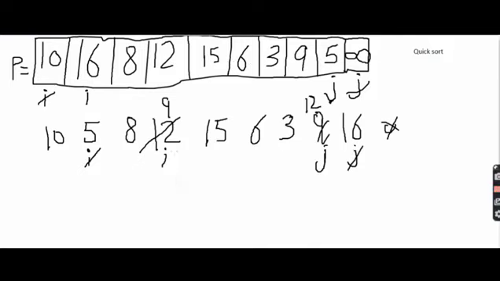Again with the next iteration, 15 is greater than 10? Yes, stop. 3 is less than 10? Yes, stop. Swap I and J. 3 will come here and 15 will come here, right?